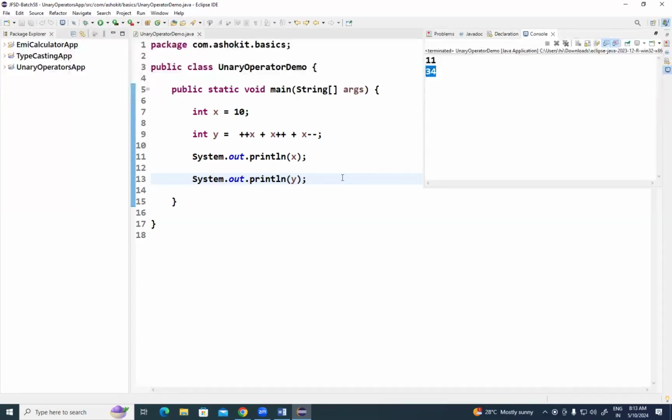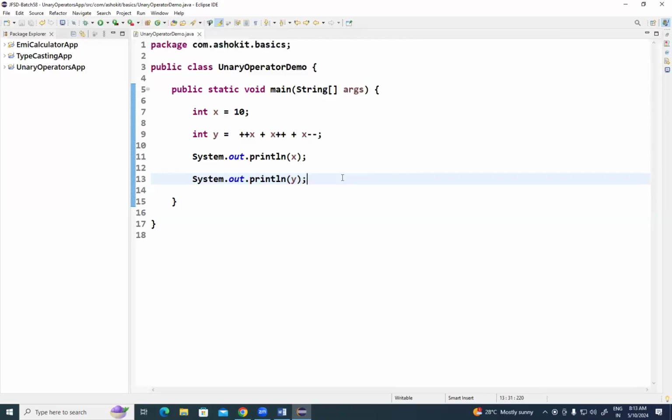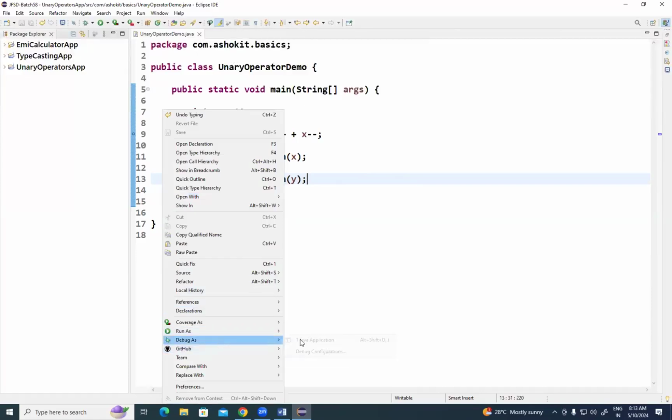We can debug and see where we are going wrong. I will debug and see. That's not a problem, but we are expecting like that.